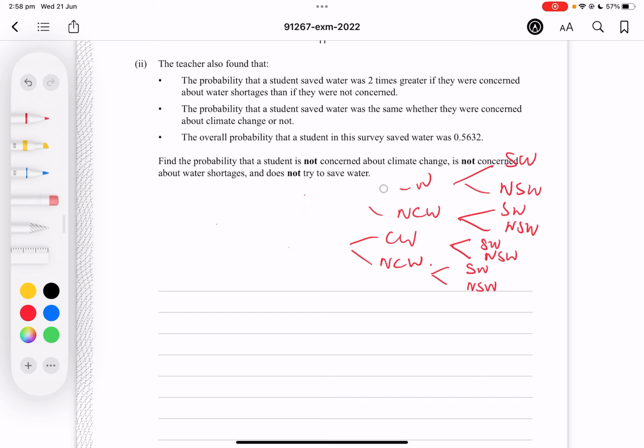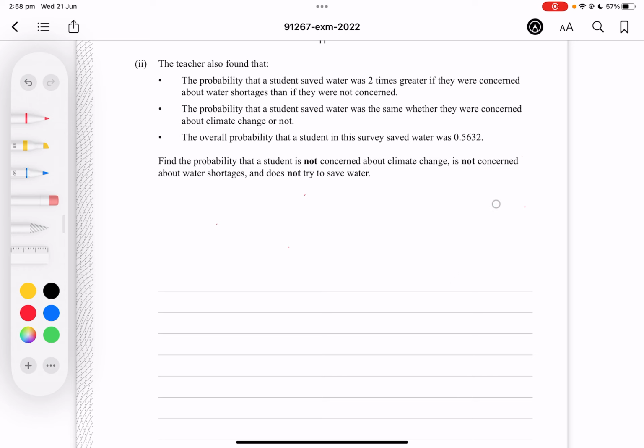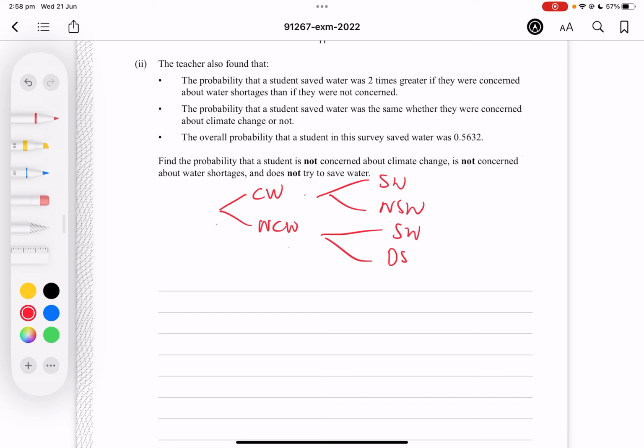Okay, so we can simplify this a little bit. I misread. Simplify the question a little bit here. So realistically, all we have is concerned with water, not concerned with water. And we have save water, does not save water, save water, does not save water.